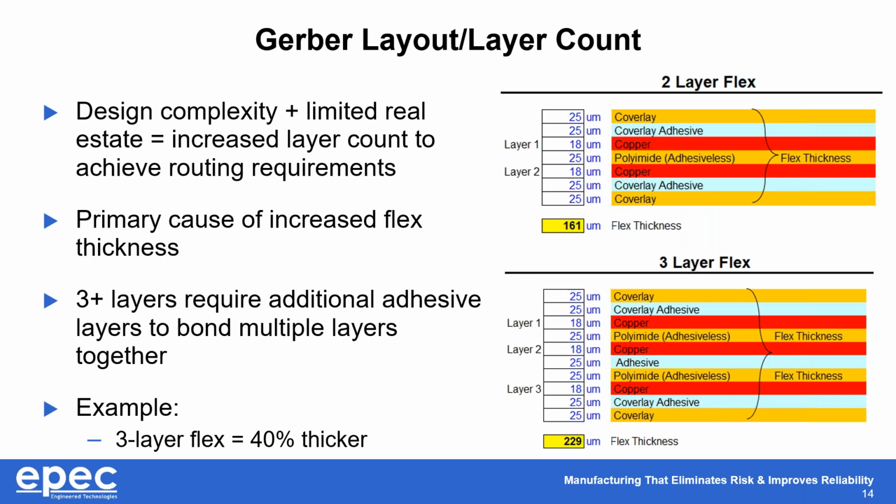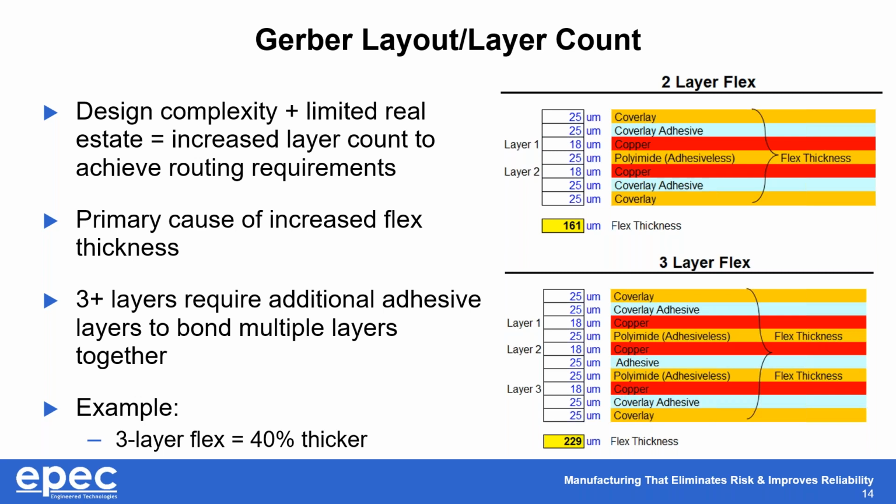The last element here is the general Gerber layout and layer count required for a specific design. And this, in most parts, is always going to be driven by the design complexity combined with limited real estate. So you can't spread things out, you can't go wider.